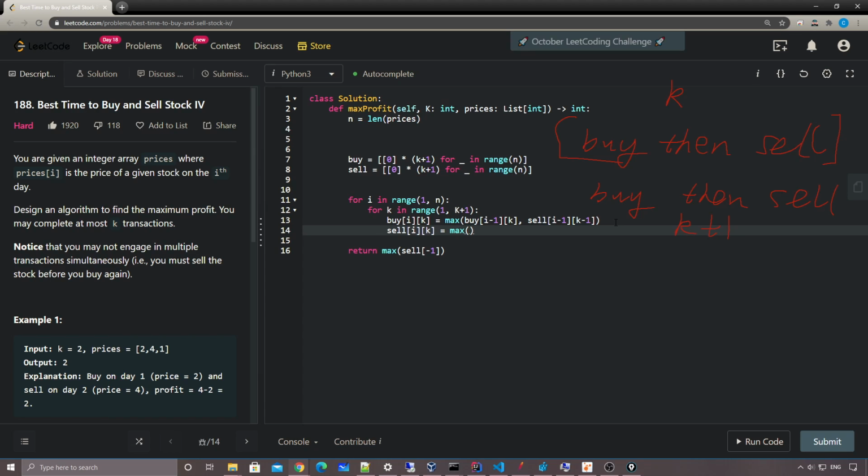So if we don't sell at the current state, it means that, okay, sorry, here I forgot one thing. If we buy the current stock, we have to decrease the current price from the total, right? Because we're spending that money.